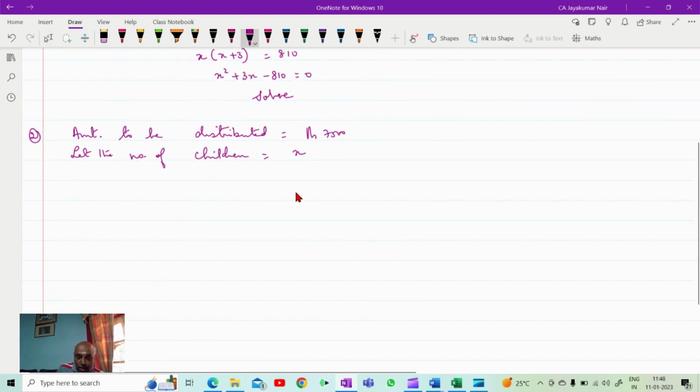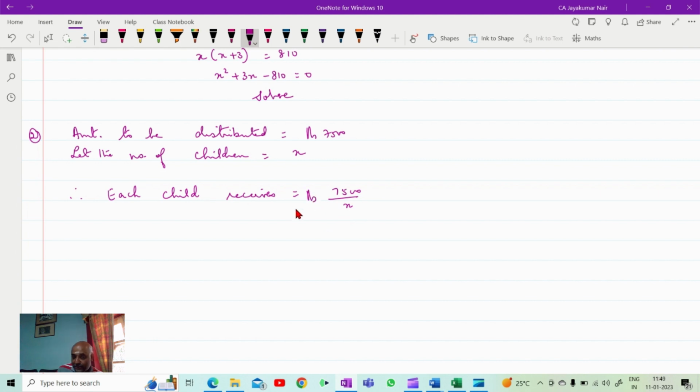So you have 7,500 rupees. It has to be distributed among x children. Therefore, each child will receive how much? What is the amount each child receives? It'll be 7,500 over x rupees.